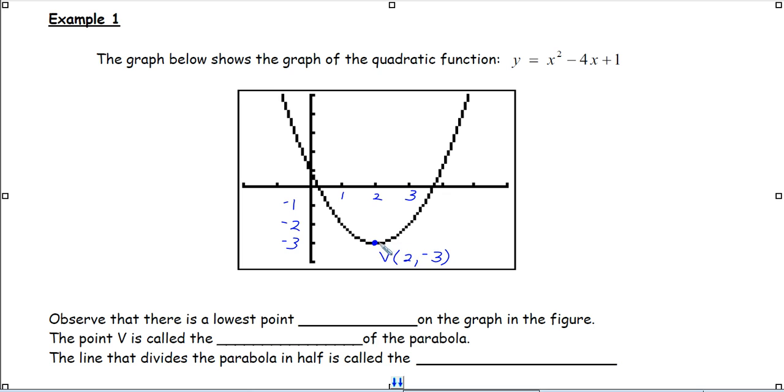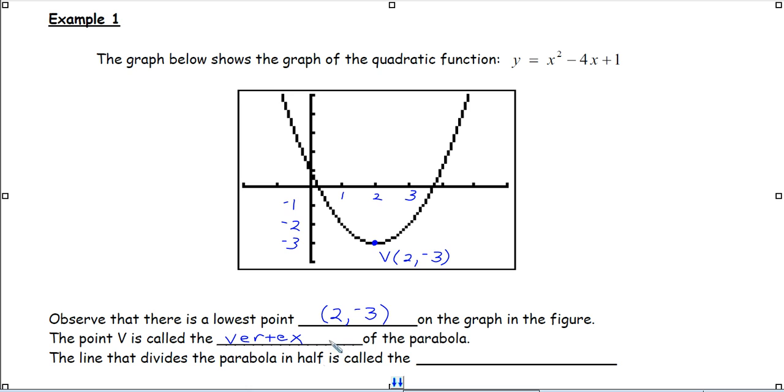And this point's called our vertex. So observe that there is a lowest point, in this case 2, -3 on the graph in the figure, and that V, remember, is the vertex of the parabola.